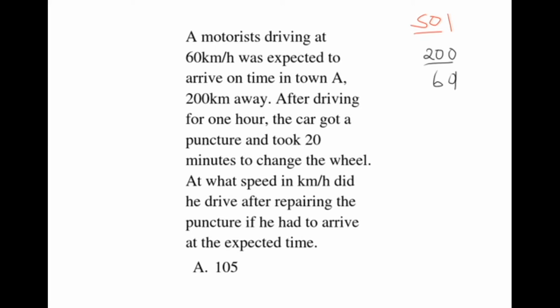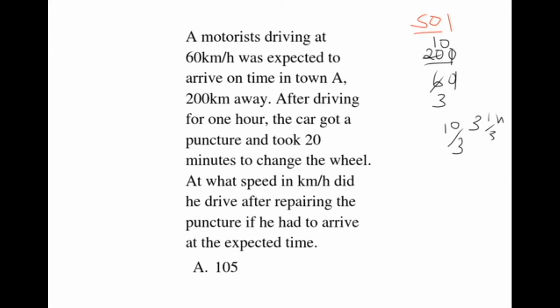Zero will cancel with this 0. Then we can divide 6 divided by 2, 3. 20 divided by 2 is 10. We have 10 over 3, this is 3 and 1 over 3 hours.